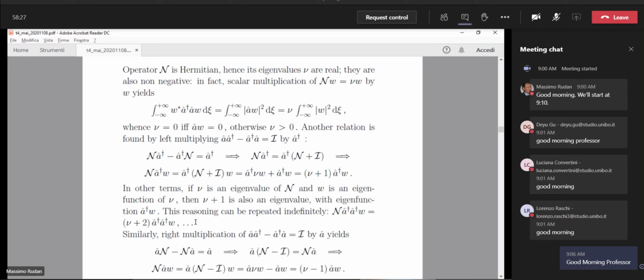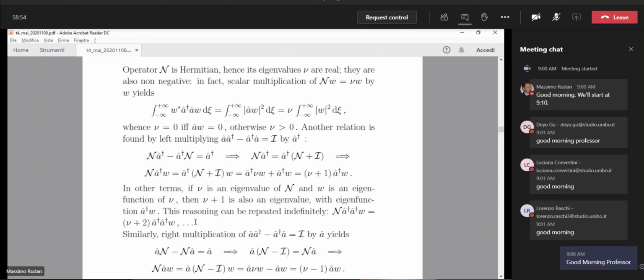we can calculate automatically a full group. This group is called a ladder, a full ladder of eigenfunctions and eigenvalues by simply starting from the original eigenfunction W and operating on it using A dagger.